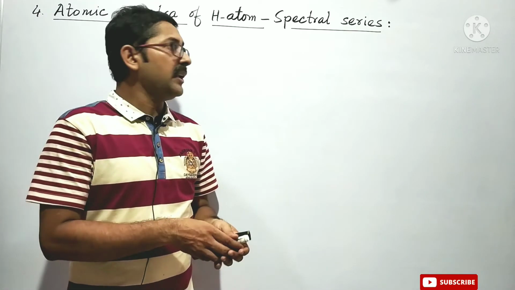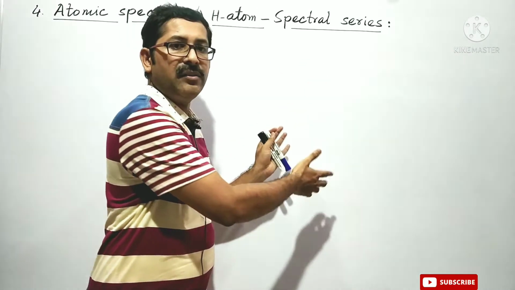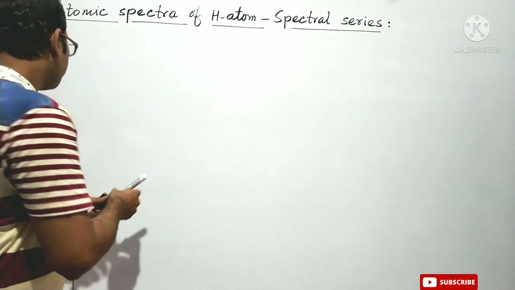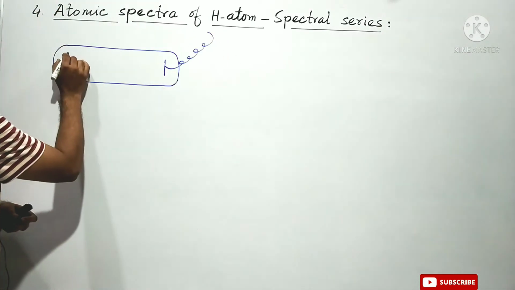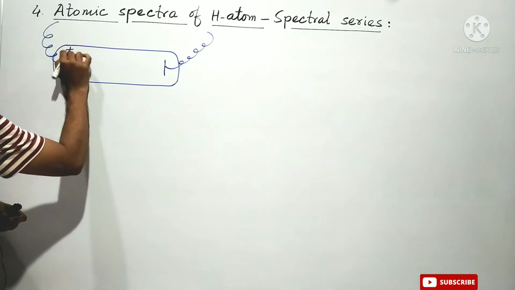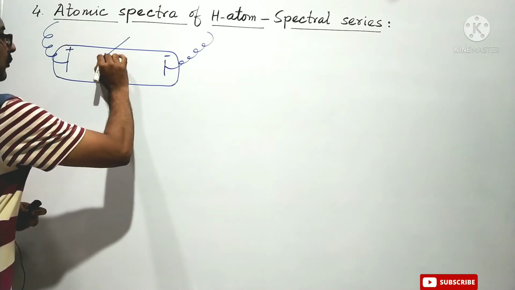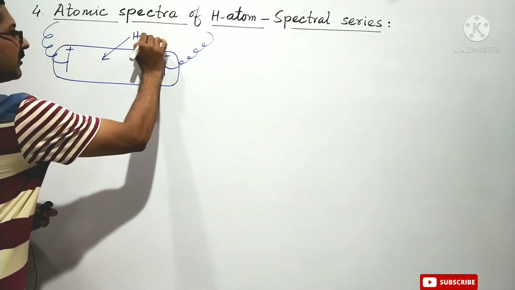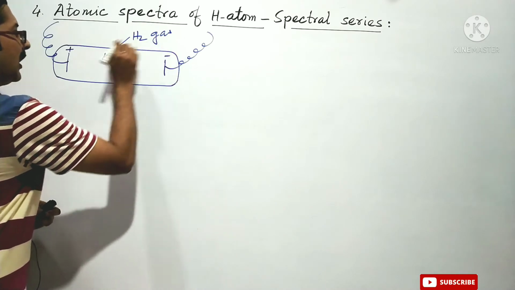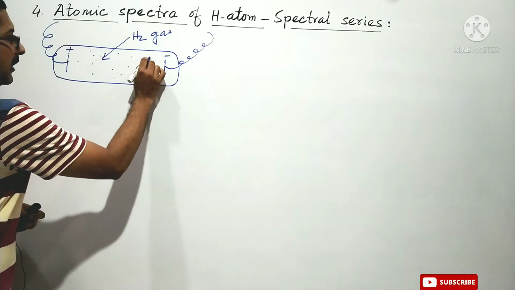Now we are discussing the experiment by which the spectral series of lines are obtained, right? So this is a discharge tube where cathode and anode are present, and within this tube hydrogen gas is present.